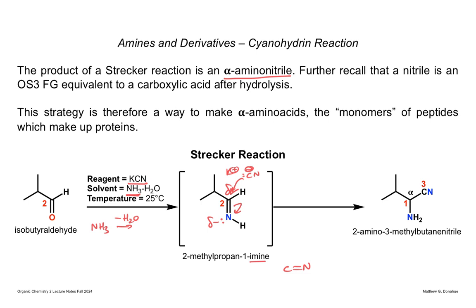And again, since the nitrile is equivalent to the acid, essentially what you're making is an alpha amino acid. So I thought we'd spend some time on that before we get into actually how the imines and enamines are formed.